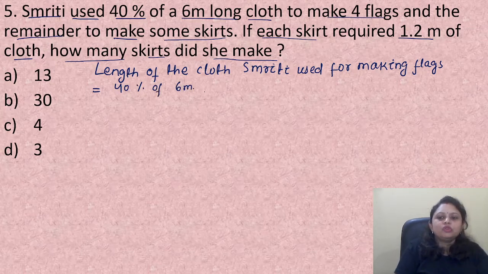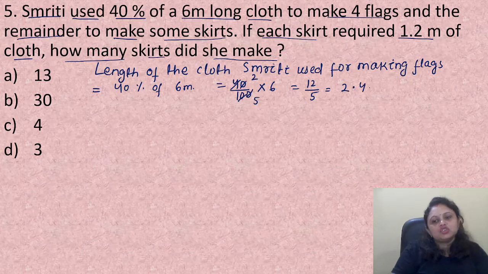Okay. 40% of 6 meter is equal to 40 by 100 into 6. Yes. So if we cancel it, it is 12 by 5, that is equal to 2.4 meter. Okay. So Smriti has used 2.4 meter of the cloth to make flags and the remainder to make skirts.